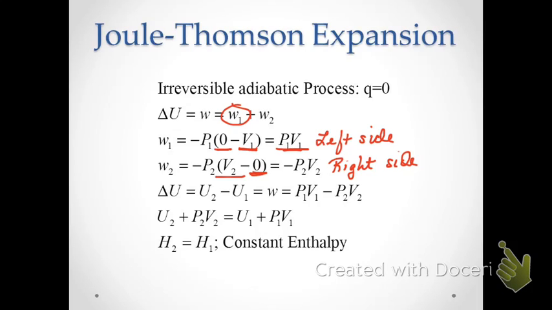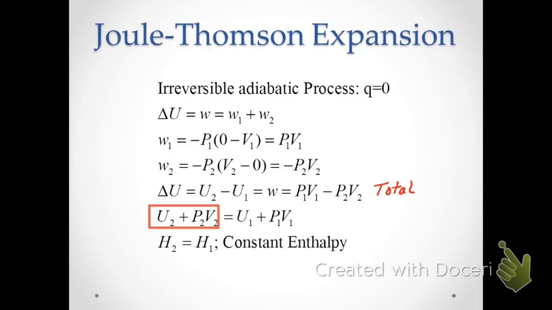Okay? Now, therefore, the work associated is just the sum of those two, and that's equal to delta U. Delta U is U2 minus U1. So U2, the internal energy in state 2, the final state, minus U1, the internal energy of the initial state, is equal to the work done, and that's just P1V1 minus P2V2.